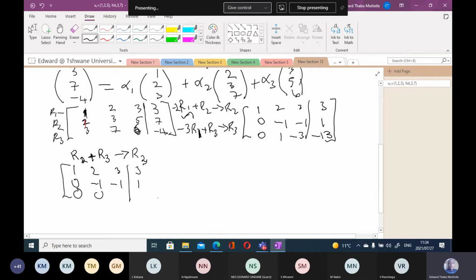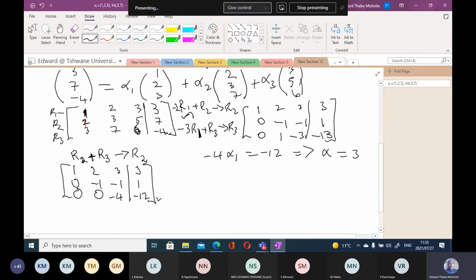This is 0, 0, because 1 minus 1 is 0. -1 and -3, we're adding them. This will be -4. -1 and -13, this will give me -12. So from here, I can conclude that -4 alpha 1 is equals to -12. This implies that alpha is equals to 3.